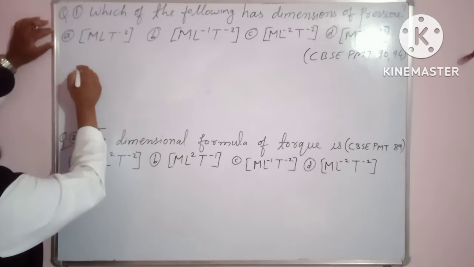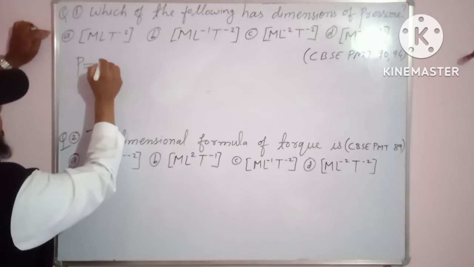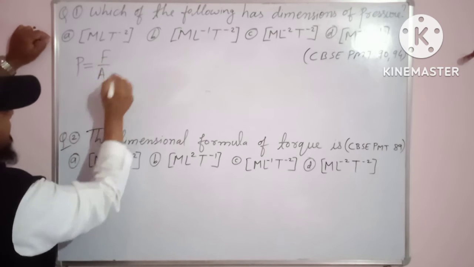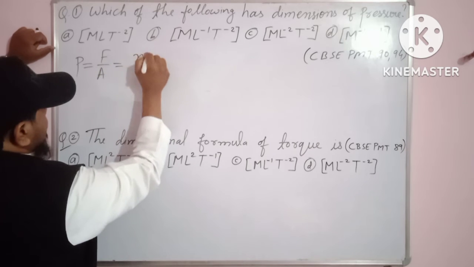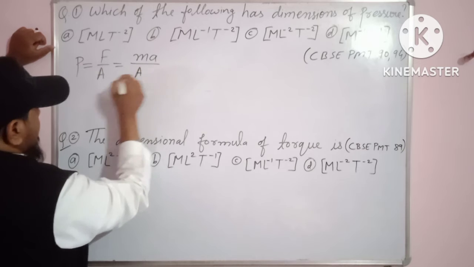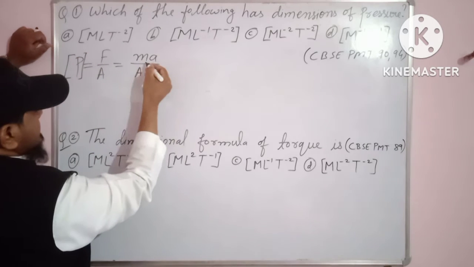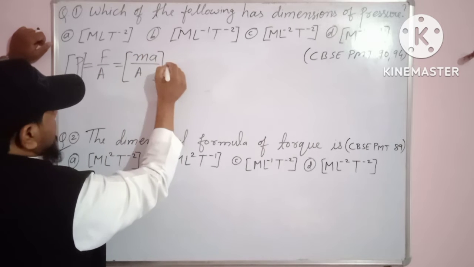This is a very simple question. You should know the formula of pressure. The formula for pressure is force per unit area. And what is force? Force is mass into acceleration. Therefore, the dimensions of pressure will be equal to dimensions of mass into dimensions of acceleration upon dimensions of area.